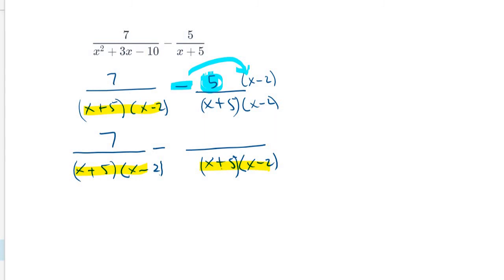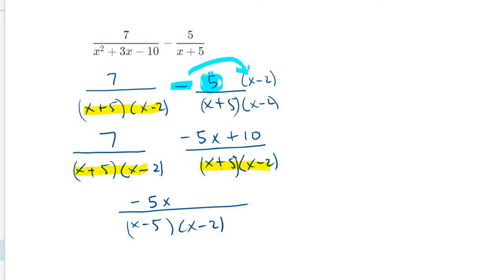So -5 times x is -5x, and then -5 times -2 becomes +10. All right, +10. Now we can keep one denominator and then add the numerators, combining like terms: -5x, and then +17. And then we are done.